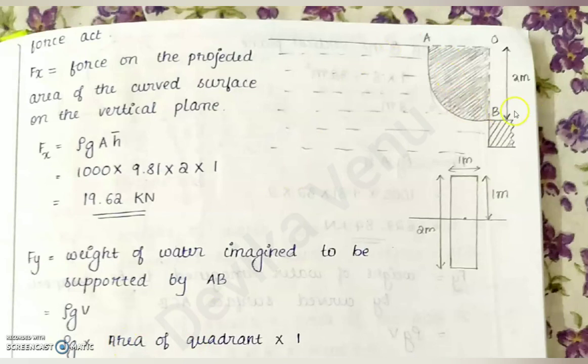But when you choose the direction, it is not in the downward direction. Why? Because there is no water here. Instead, you are taking it in the upward direction. Fy is in the upward direction. You just remember that. All other procedures are the same, but the direction you have to take is upward.